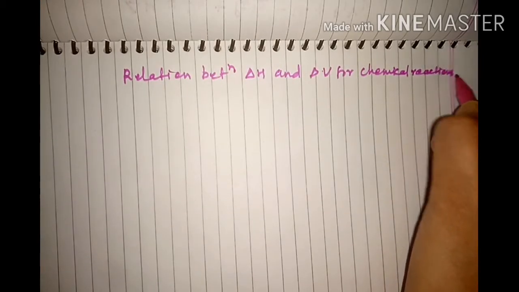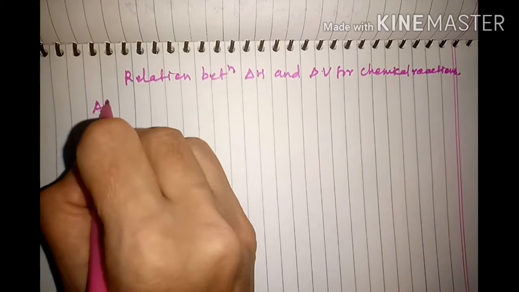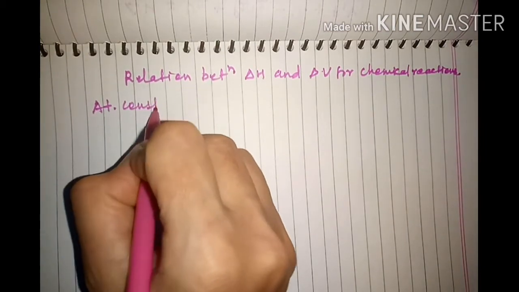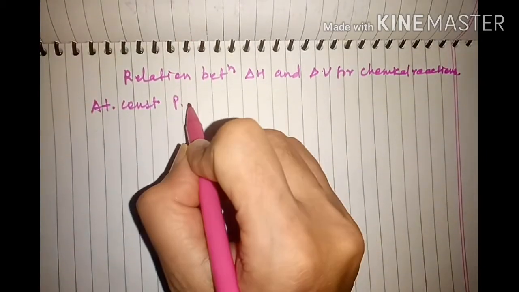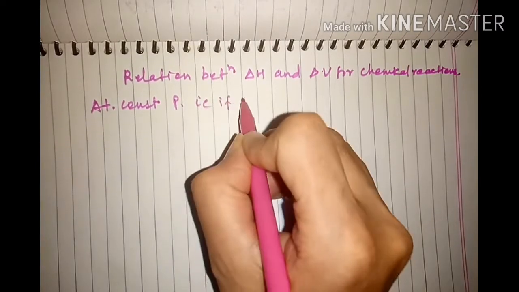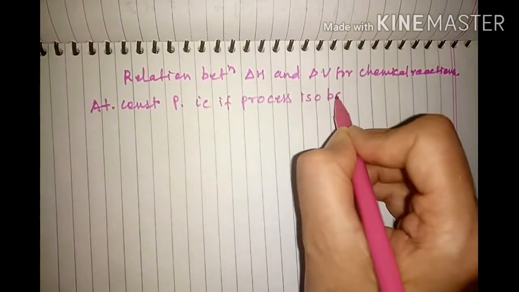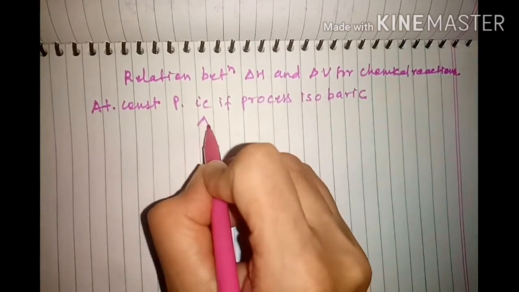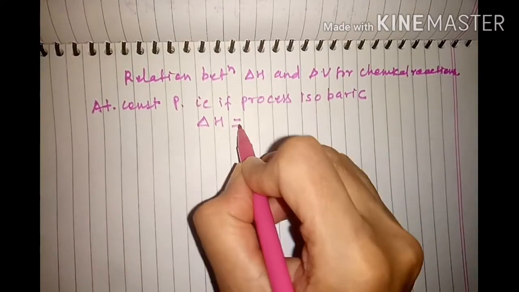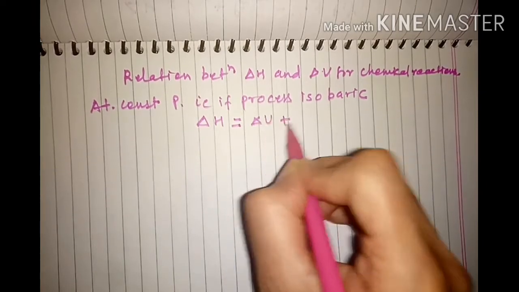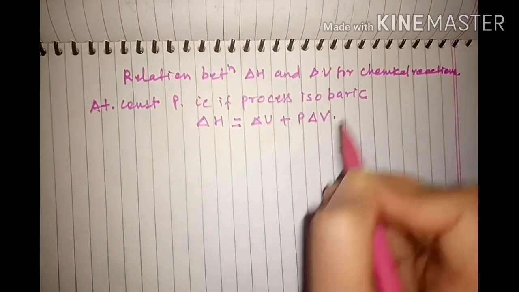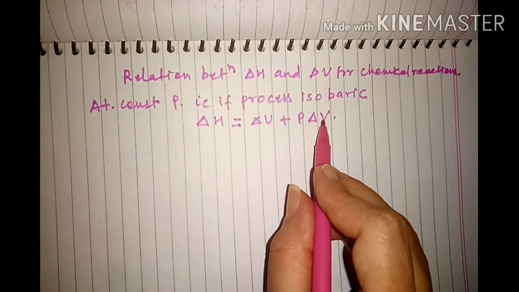You will have to put some condition: at constant pressure, that is, if the process is isobaric. So you'll have this equation in front of you: delta H is equal to delta U plus P delta V.